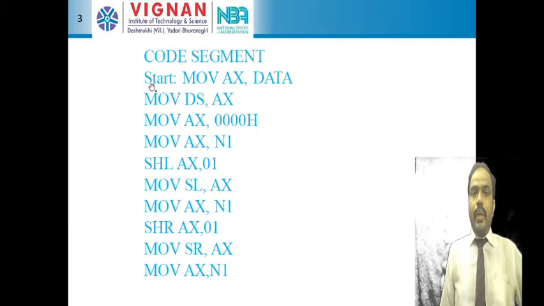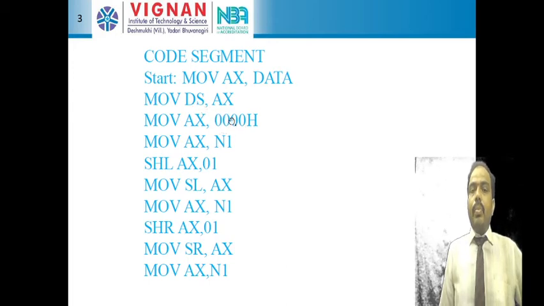Next, code segment. Here we are starting the code. First, these two operations are used for initializing the data segment: MOV AX, DATA; MOV DS, AX. As we know, direct loading of the data segment is not possible.